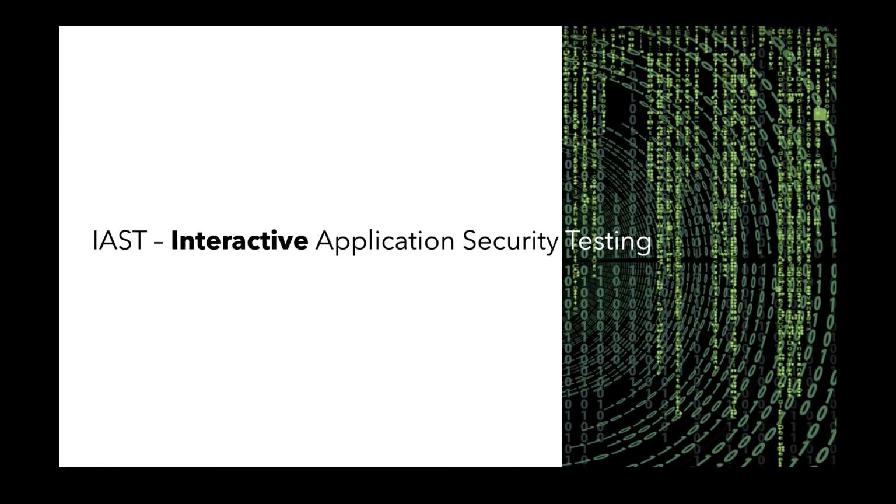Now we come to IAST, Interactive Application Security Testing. IAST is a term for tools that combine the benefits of static application security testing and dynamic application security testing. One of the biggest advantages of interactive application security testing is its ease of use in the development process.